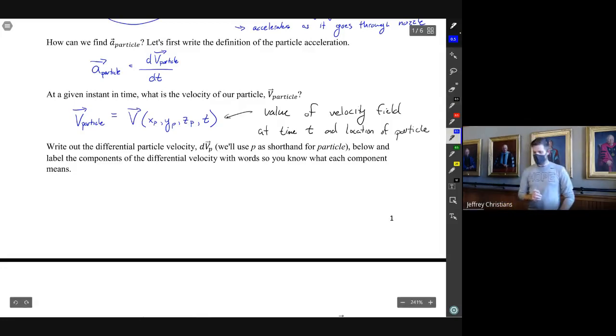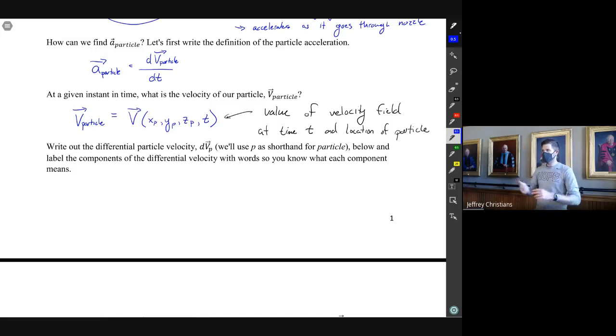So let's think about how you move, because that's obviously a key part of acceleration. How are you moving? If you as the particle are moving, we'll look at a differential velocity. You could be moving in the x direction, you could be moving in the y direction, you could be moving in the z direction, and it could be changing in time, right?